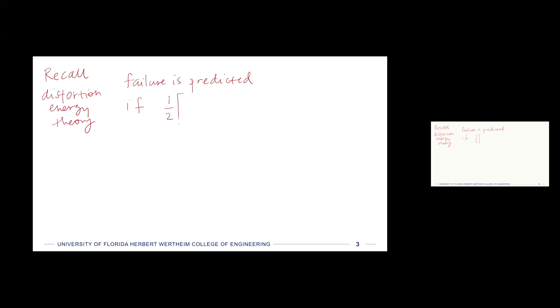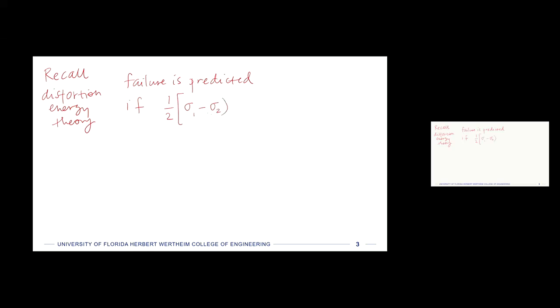So if you recall, the distortion energy theory says that failure is predicted if some factor with a combination of stresses, right?